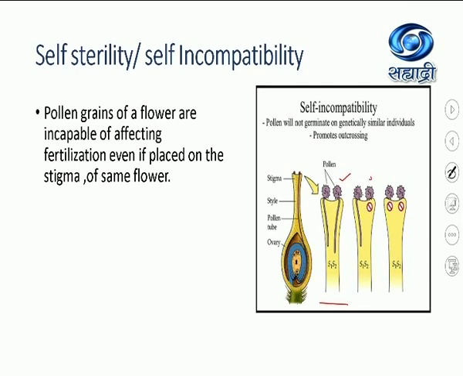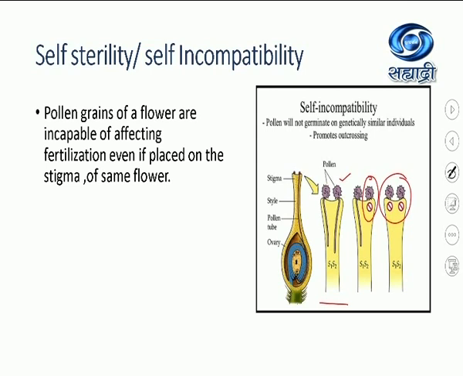In this you can see it is not able to germinate. In this also they are not germinating. So, this is self-incompatibility. If the pollen grains from the same flower fall on the stigma of the same flower, the pollen will not germinate on genetically similar individuals. When the pollen grains of the same flower fall on the stigma of the same flower and do not germinate, this is called self-incompatibility or self-sterility.